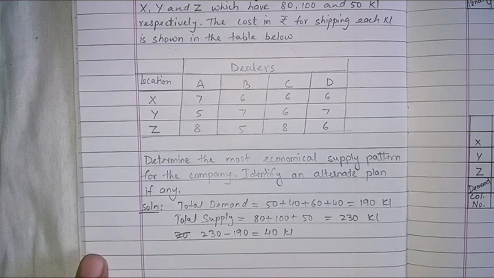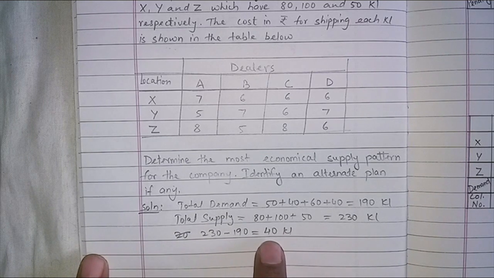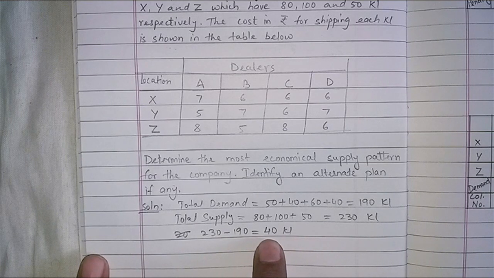So we have to create a dummy dealer, let us say E, and assign 40 as its demand. Clear? The cost per kiloliter in case of the dummy dealer will be 0.